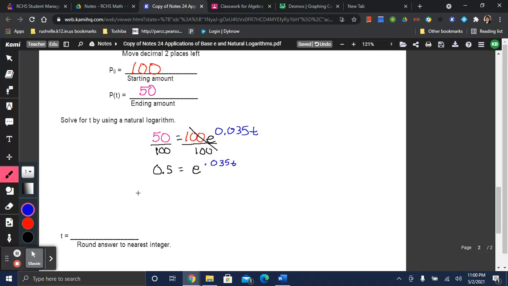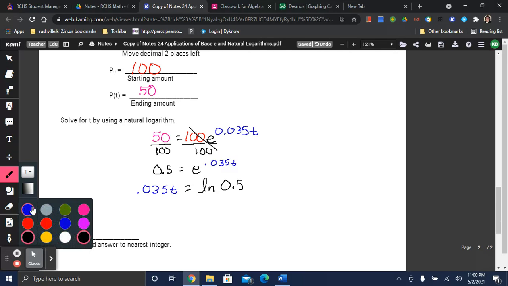All right, now that'll be what we're solving for. So 0.035t equals, and then to get rid of e, we use a natural log. We're going to do the natural log of 0.5. And notice that we went from 100 to 50. So this is also known as half-life. You're taking the log of a half.